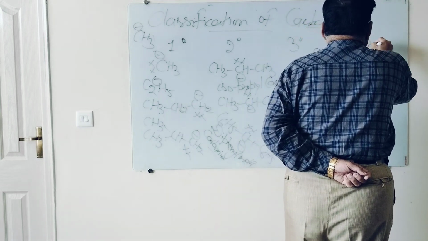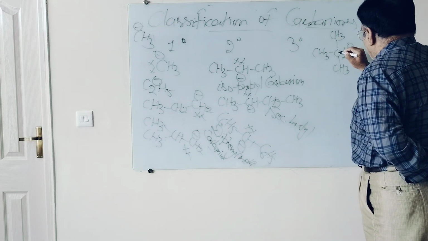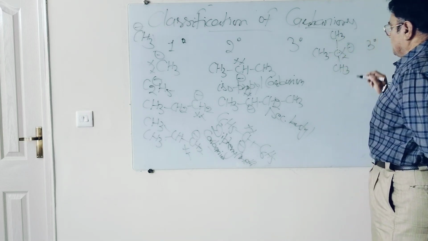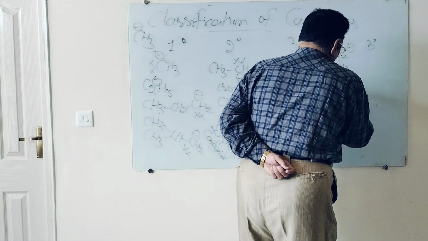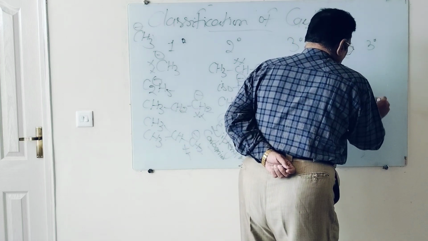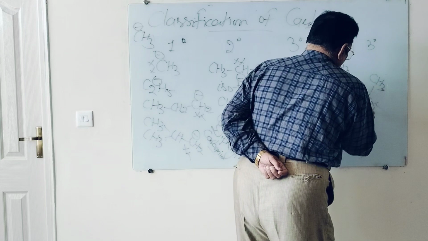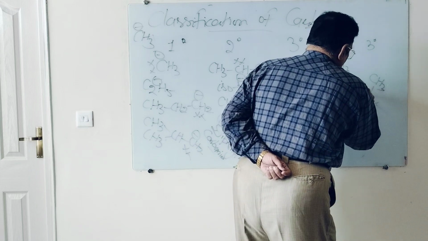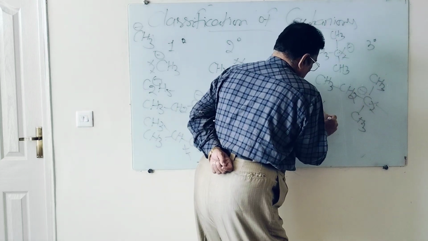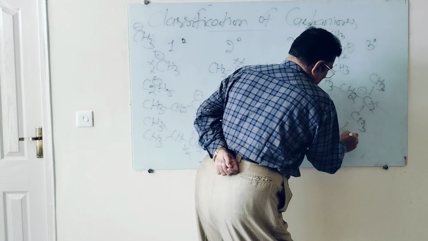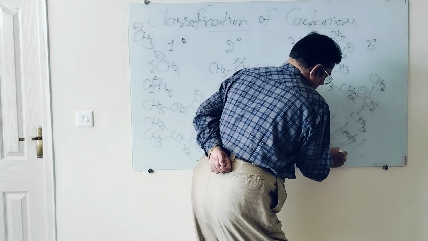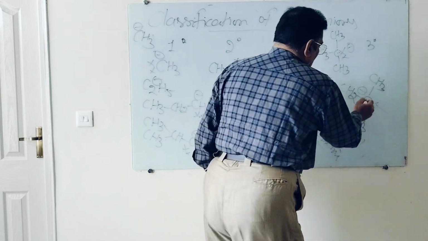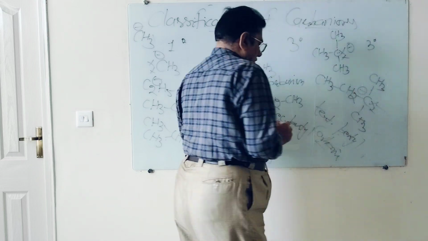This is 3 degree. Why 3 degree? Because this negative charge carbon is attached to 3 carbons. Then tertiary pentyl. This is tertiary pentyl, and this is the negative carbon. This is 3 degree tertiary pentyl carbanion, because this negative charge is attached to 3 carbons.